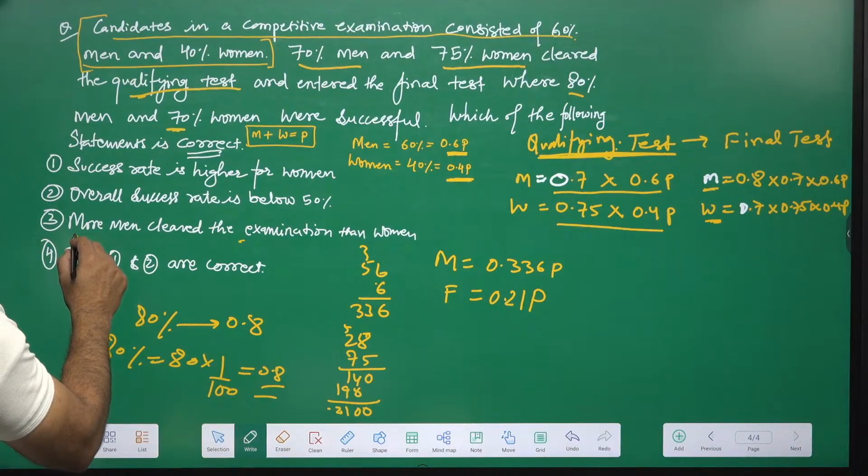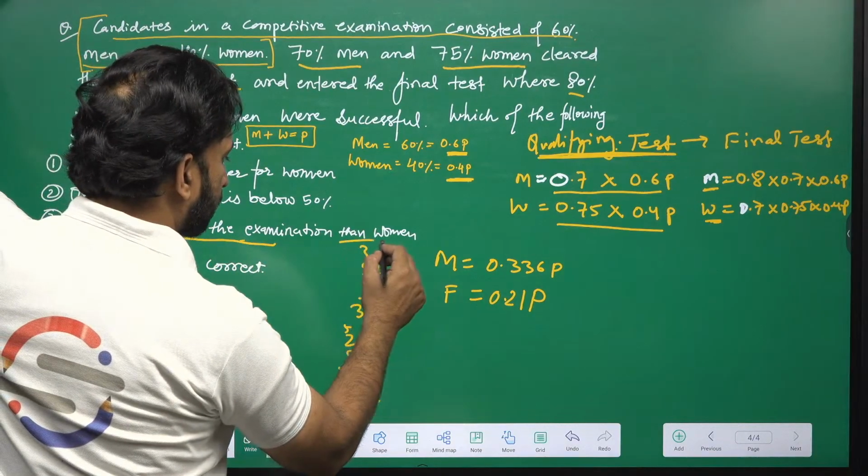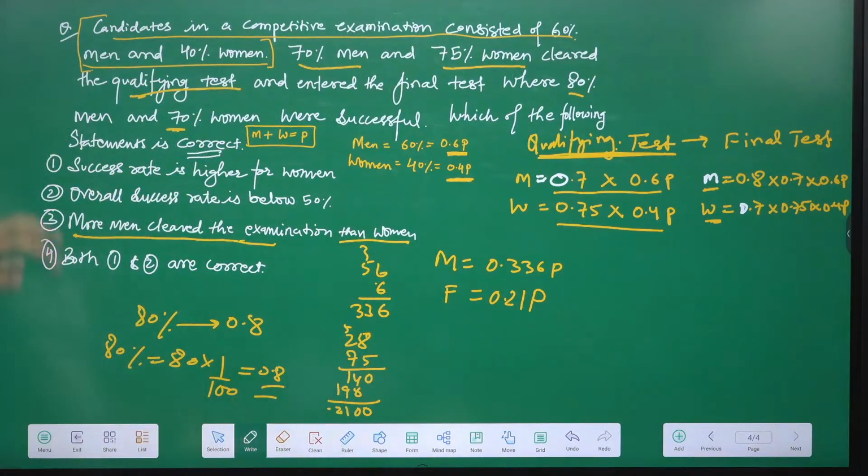both more men cleared the examination than women. That is a true statement.